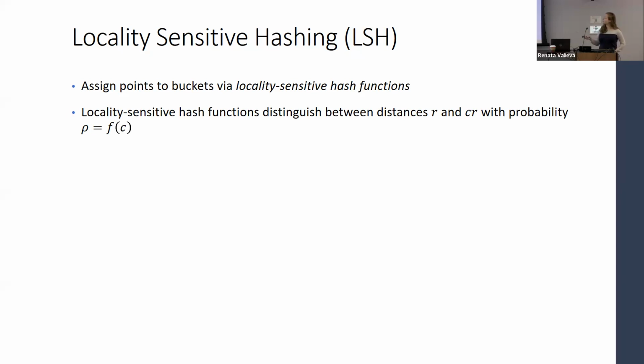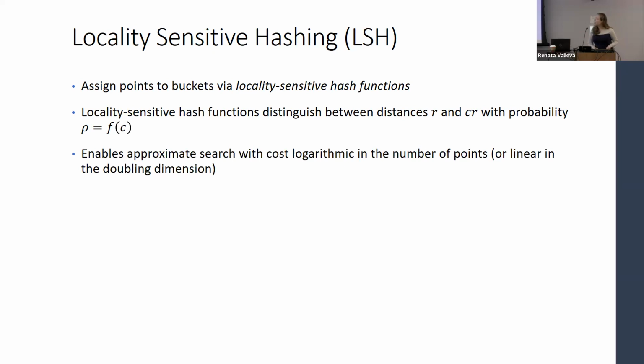Using a hash function like this, it's possible to hash your data set about log n times. And when a query point comes in, you find the bucket that it hashes to, look at all of the points in that bucket, and out of those, you return the k nearest neighbors. And this is known to enable approximate search with cost that's logarithmic in the number of points, or linear in the doubling dimension instead of exponential.